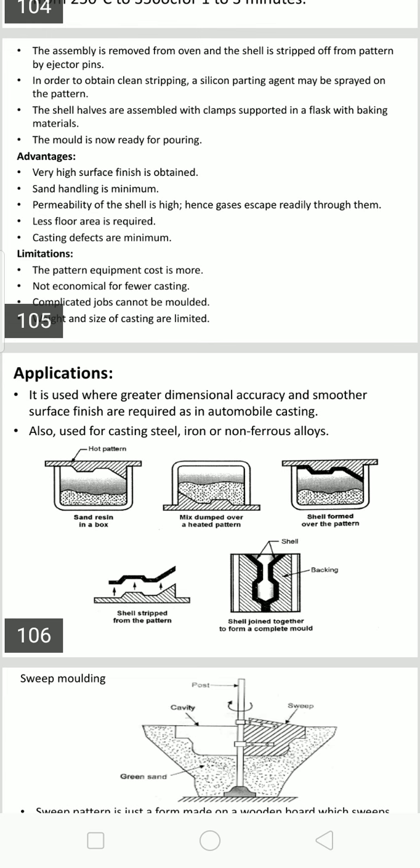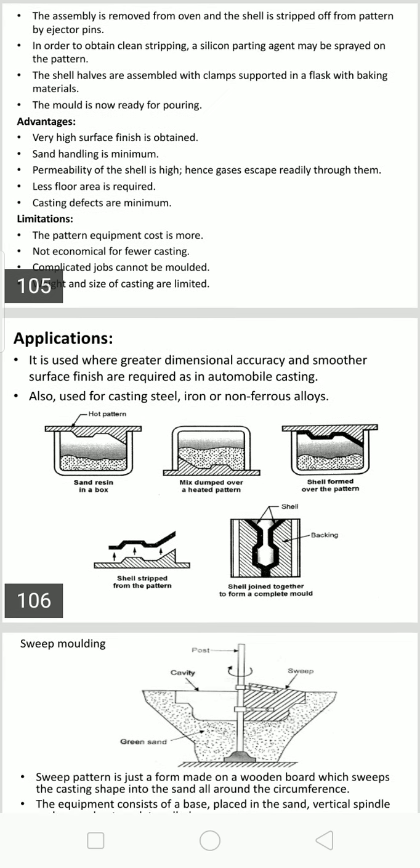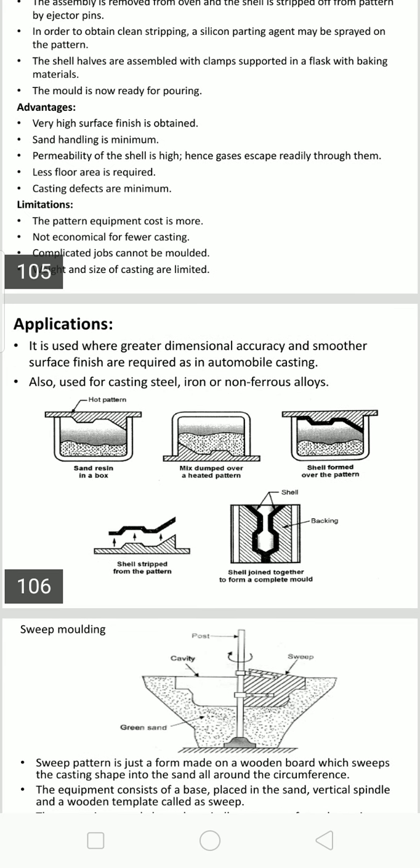The pattern is normally made of carbon steel to sustain high temperature. The pattern is fixed in a pattern plate provided with ejector pins. The pattern and the plate are first heated between 200 to 250 degrees centigrade in a furnace or using gas torches. The heated pattern is sprayed or brushed with silicone oil to facilitate easy stripping of the shell from the pattern.